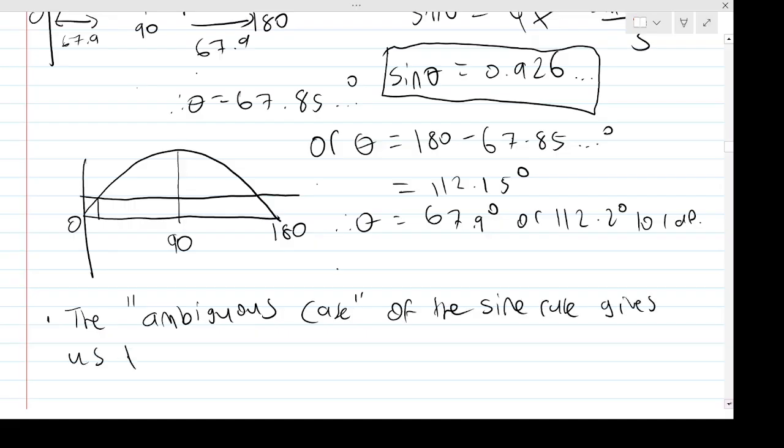So it gives us two angles when we solve it, because the whole idea is that this line crosses the sine curve twice, which gives us two angles.